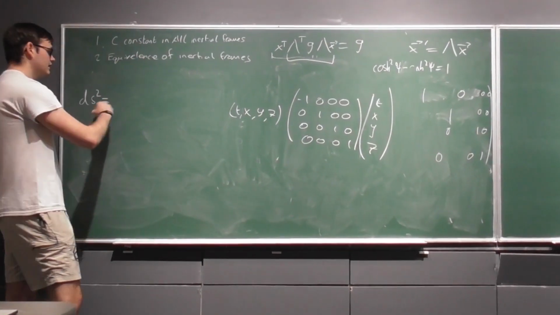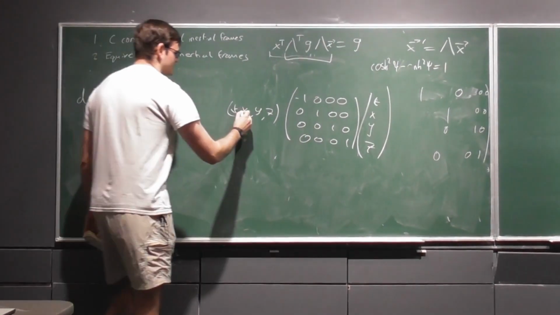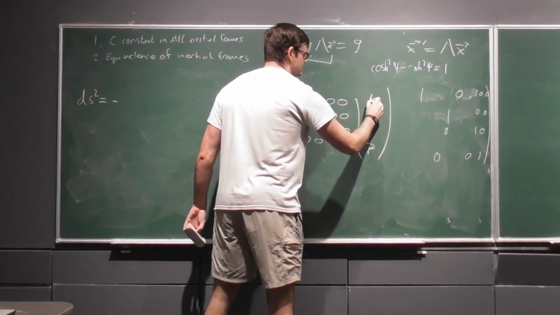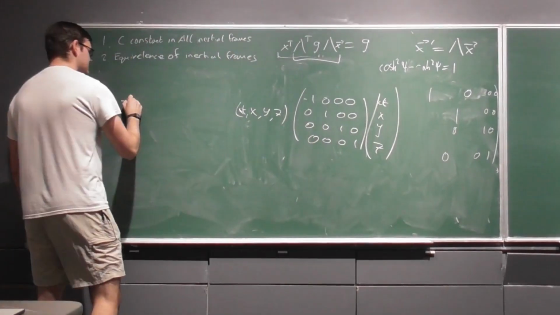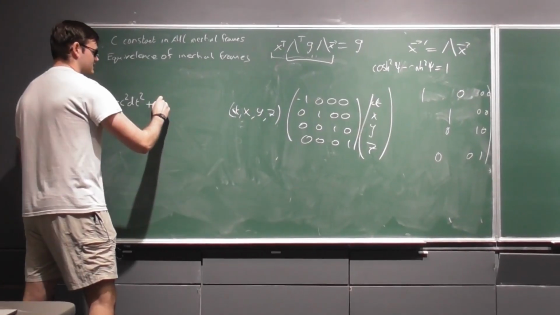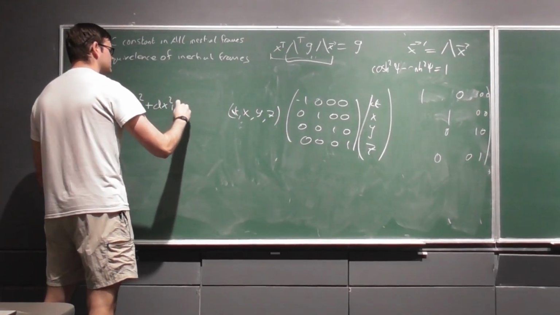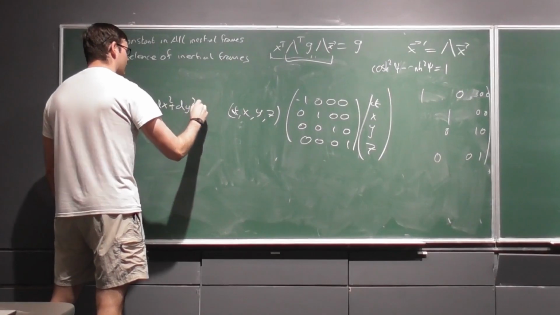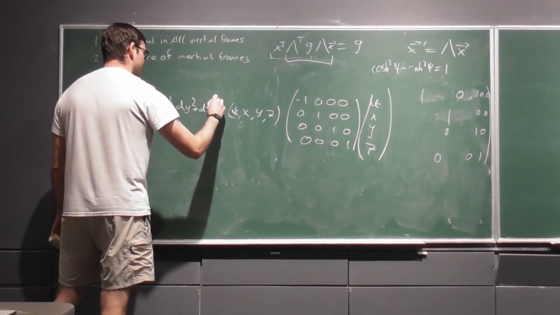So infinitesimally, we're going to get a minus, sorry, I missed my c's, my ct's. We're going to get minus c squared dt squared, and then plus the same rest of the metric, dx squared plus dy squared plus dz squared.